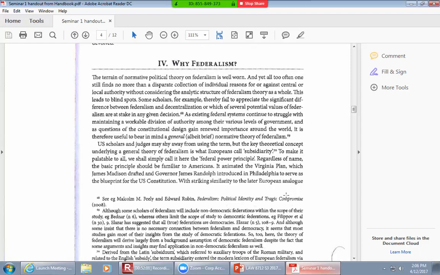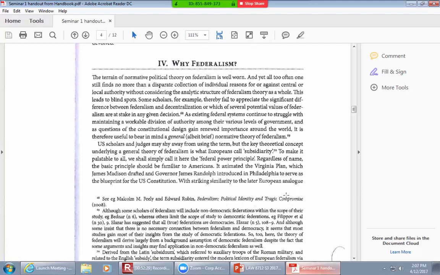But subsidiarity has different names in different religious traditions. So the first problem with subsidiarity, before we get there, is that people don't want to use the word. Judges are going to go through a whole judgment without using that word, the S word.